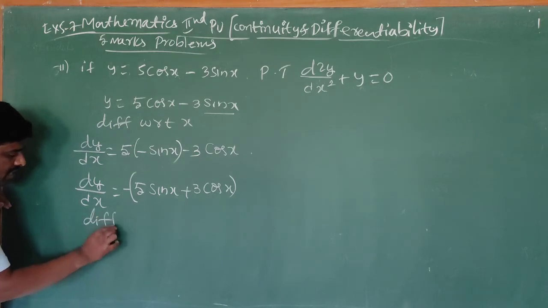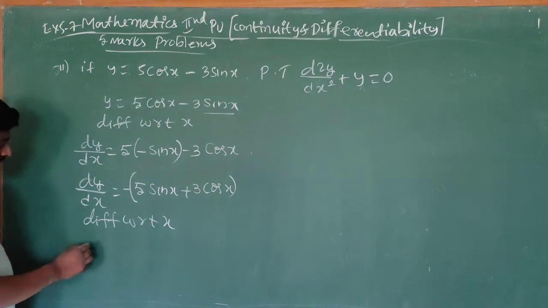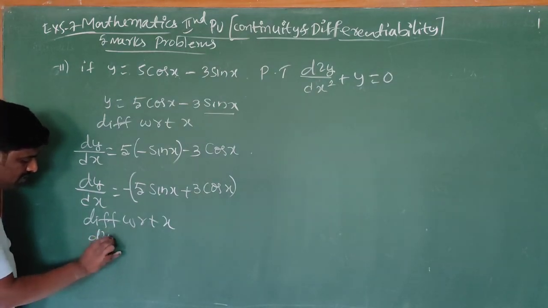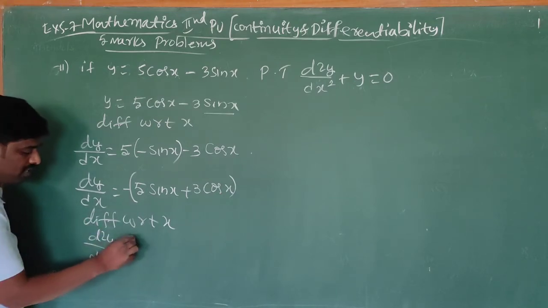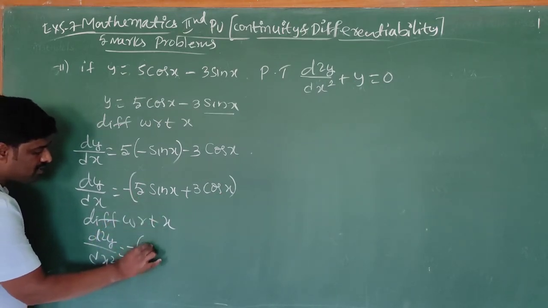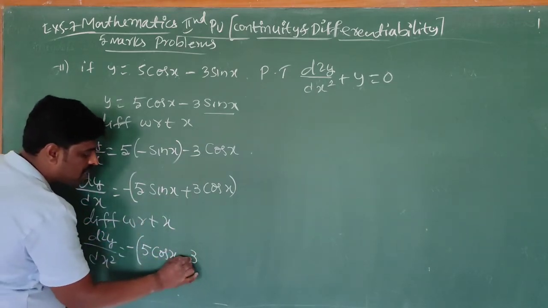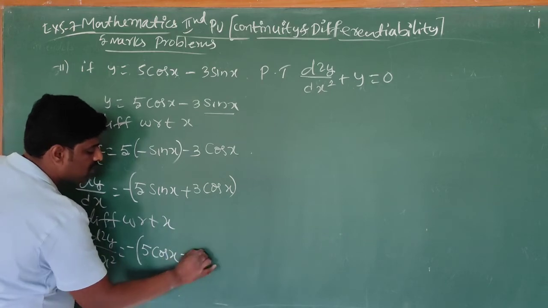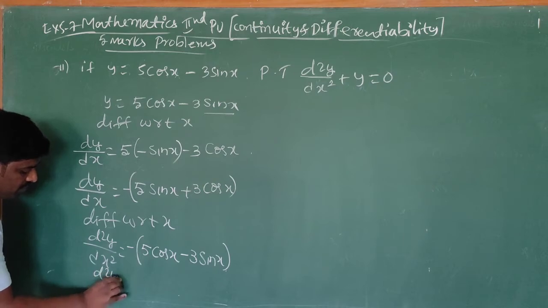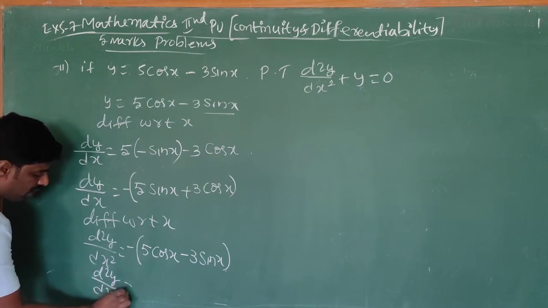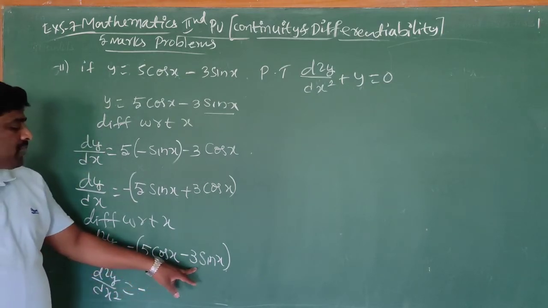Again differentiate with respect to x. dy by dx differentiation is d square y by dx square. Minus, outside 5 as it is, sin x differentiation is cos x. 3 as it is, cos x differentiation is minus sin x. d square y by dx square is equal to minus 5 cos x minus 3 sin x.